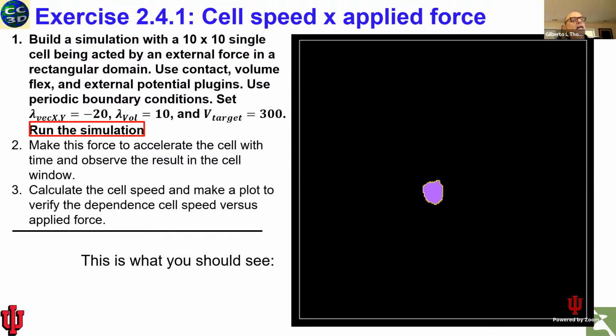Okay, so another thing is, see, the cell is moving in a diagonal trajectory. Why? Does anybody know the answer? Try to answer that. Why is the movement in the diagonal of the domain?